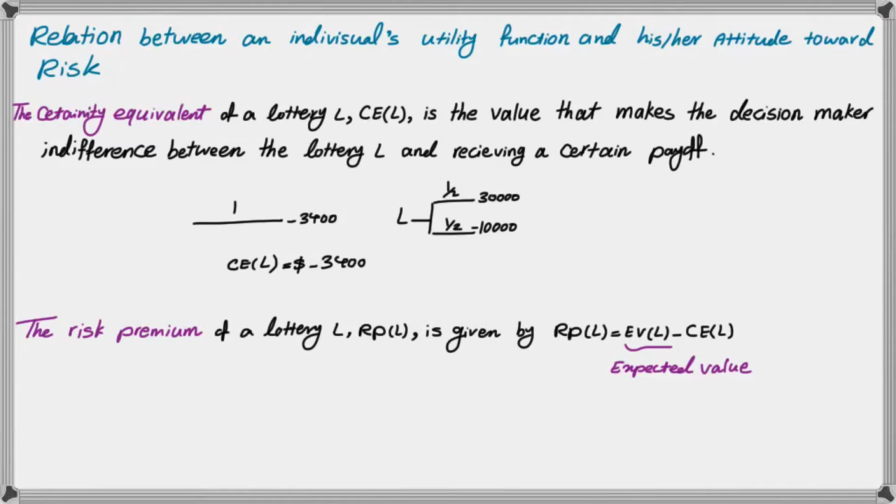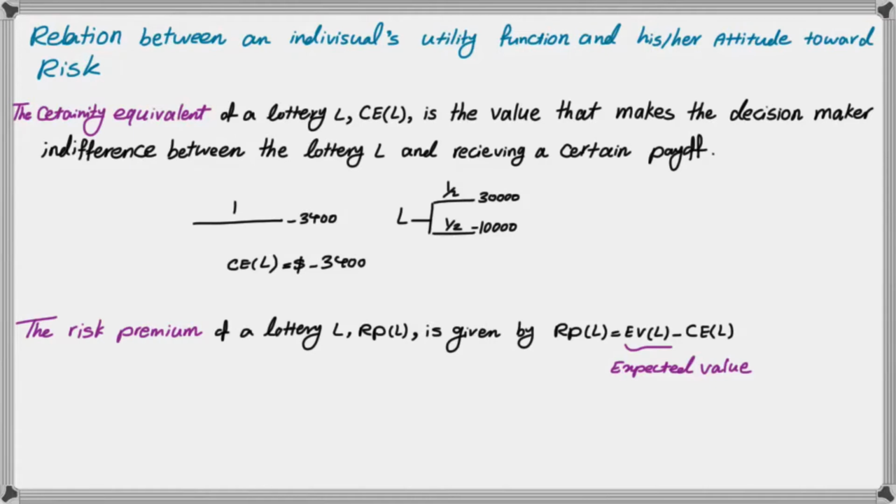So what is the expected value here? The expected value is going to be this value multiplied by this probability plus this value multiplied by this probability. If you find the expected value and see the difference between the certain equivalent and the expected value, you can figure out the risk premium and whether the person is a risk taker or risk averse type of person.